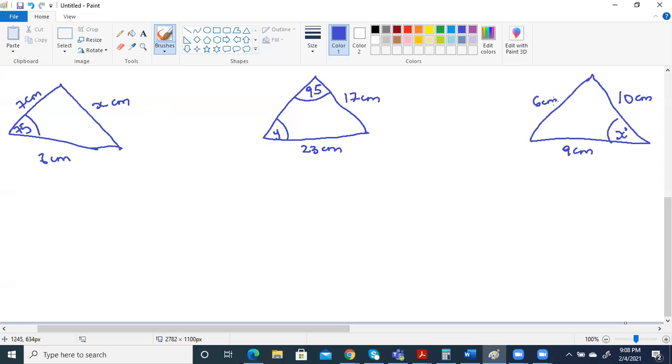All right, so those are your three questions, and just write them off for now, and then we'll come back and work them out. So you have to decide whether you're using sine rule or cosine rule to do these.